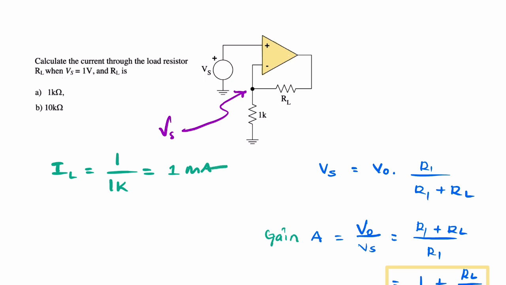Now, because we assume there's no current entering the op-amp, then the current passing through this resistance is the same as the current passing through that resistance.